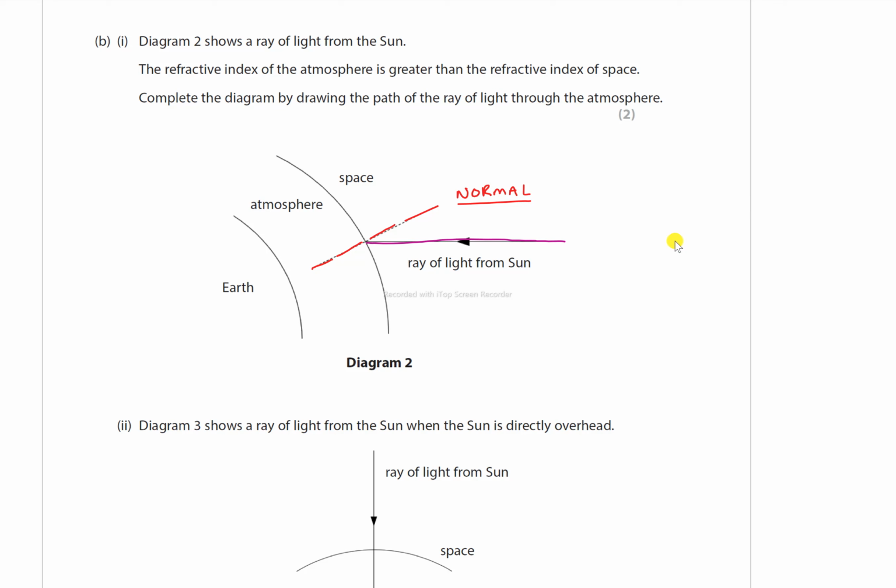So n for space, and this is n for atmosphere. This is bigger than this. If that's the case, you're going to bend towards the normal. Just learn this: if you're going from a low refractive index to a high refractive index, you bend the light towards the normal.